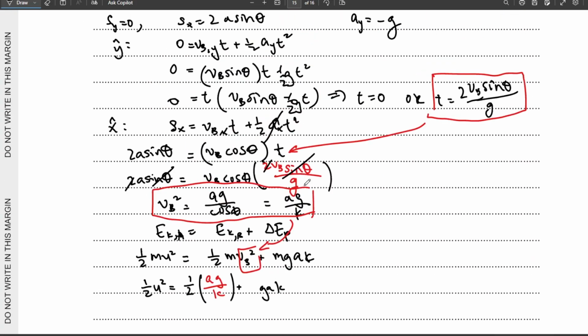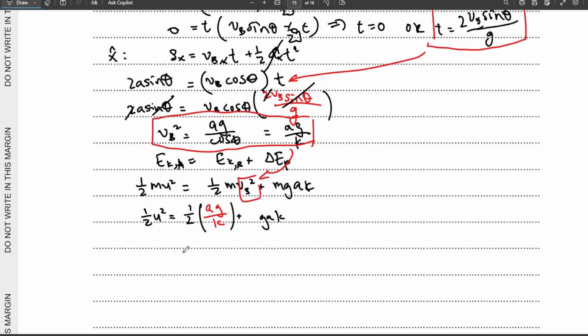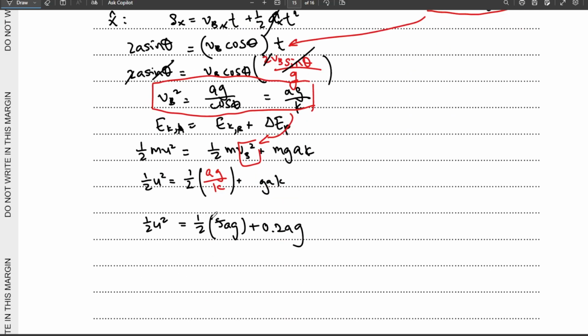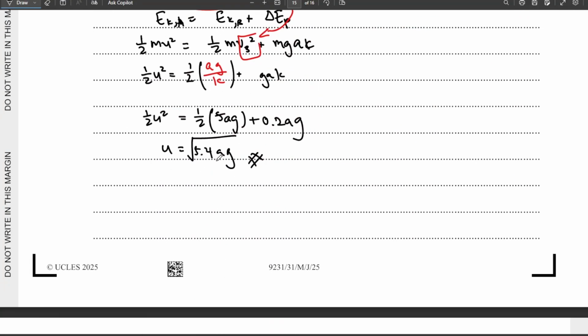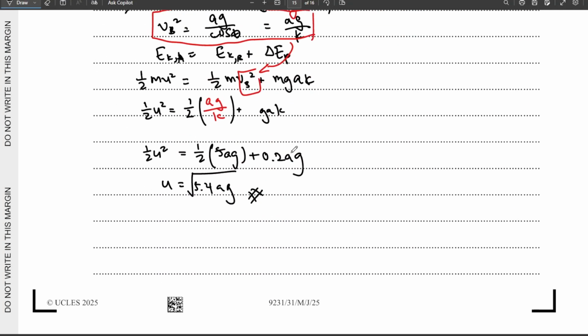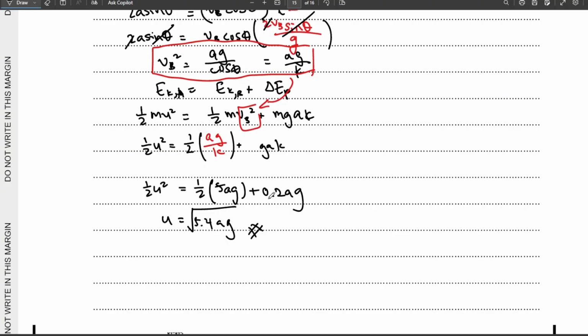So k, we can just simplify that value there. It's just a matter of simplifying and then isolating u by itself. And you should be able to get this final answer for u, in terms of a and g, right? So a and g here, and k, we simplify it. So this should be the final expression. So thank you for watching.